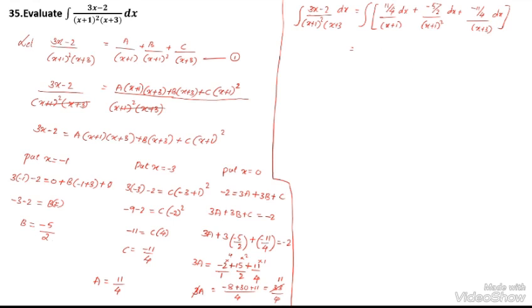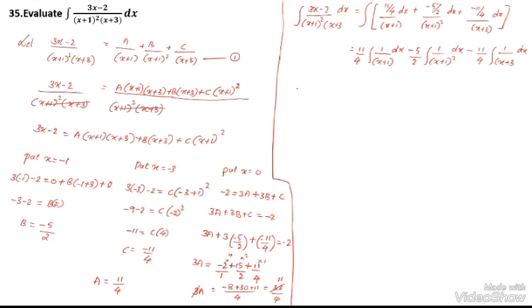Now taking the constant values outside, that is 11 by 4 integration of 1 divided by x plus 1 into dx, minus 5 by 2 integration 1 divided by (x plus 1) whole square into dx, minus 11 by 4 into integration of 1 divided by x plus 3 dx.